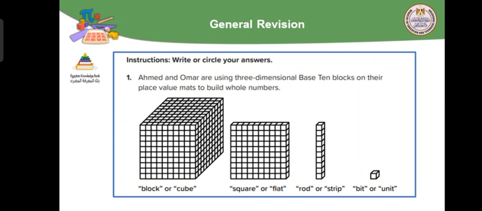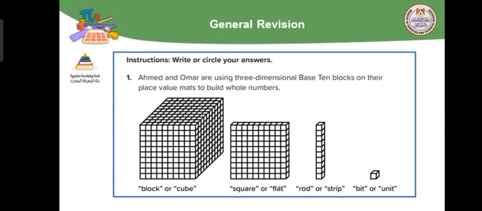Maybe you find the word square, maybe you find the word flat. In your exam question, maybe you find the word block, maybe you find cube. And this represents what? Rod or strip. Maybe you find the word rod, maybe you find the word strip. Okay, and this small one will be a pit or unit. Don't forget these words, because we will solve some exercises related to these words.